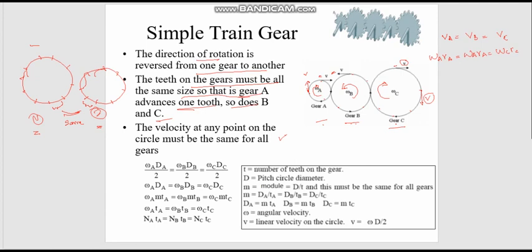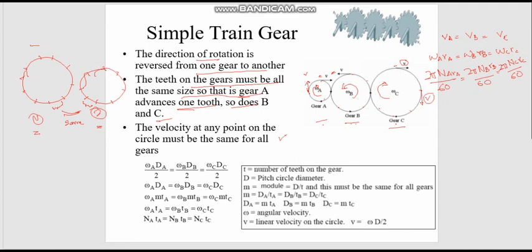If you convert that, this becomes 2 pi NA rA divided by 60, which must equal 2 pi NB rB divided by 60, which must equal 2 pi NC rC divided by 60, right?